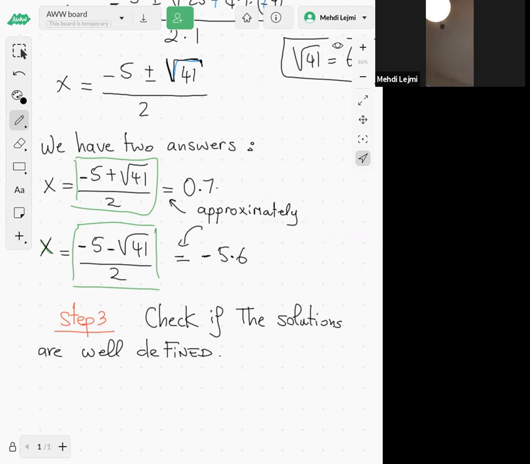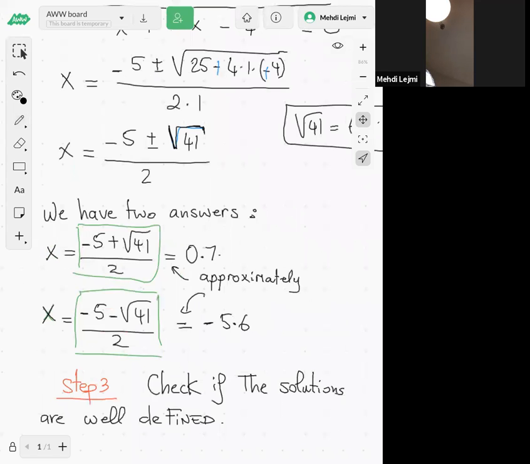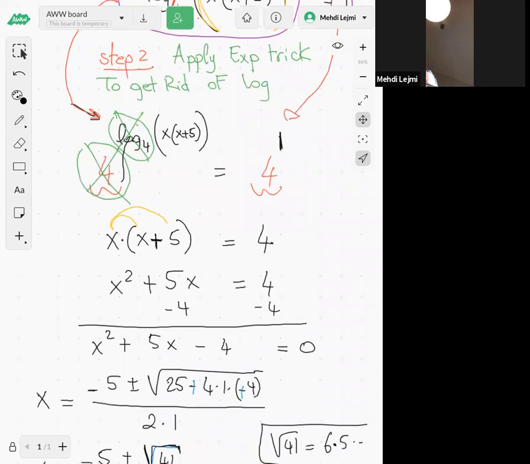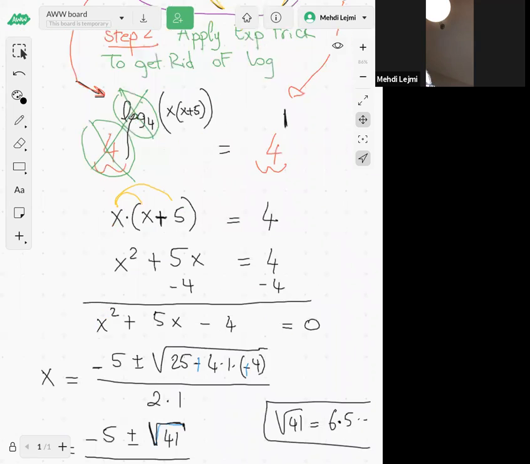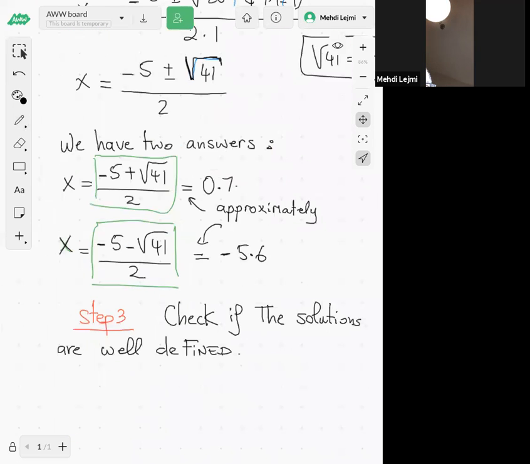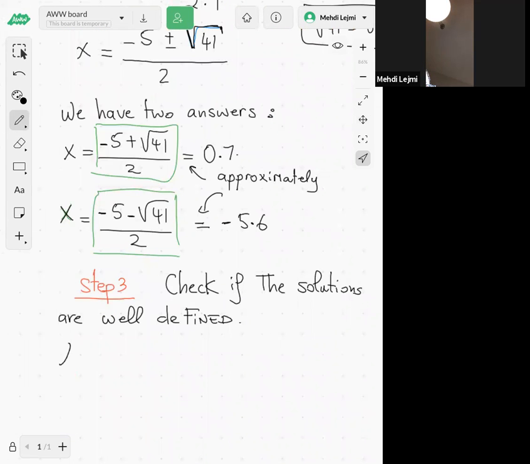Remember, guys, we had to solve this log in base 4. The original question was log in base 4 of x plus log in base 4 of x plus 5 equal to 1. And remember what I said, guys, when I discussed the log: log is only defined for positive numbers.